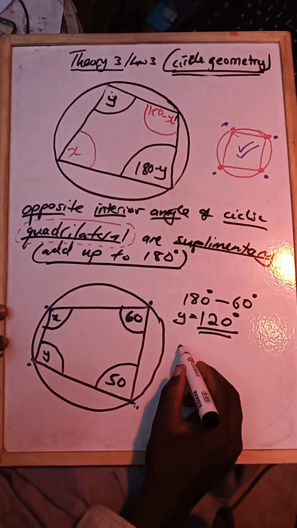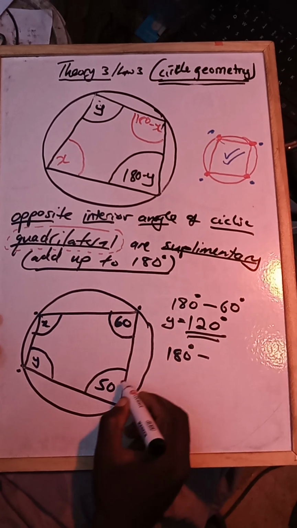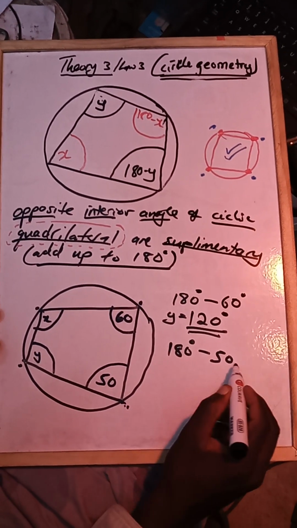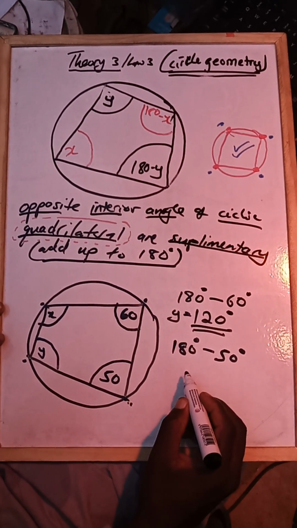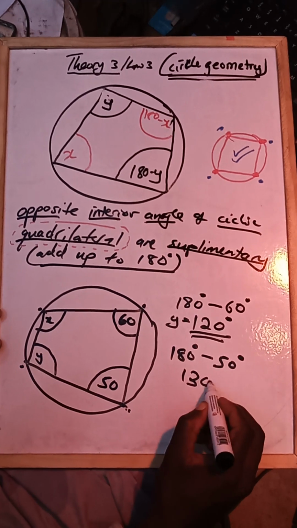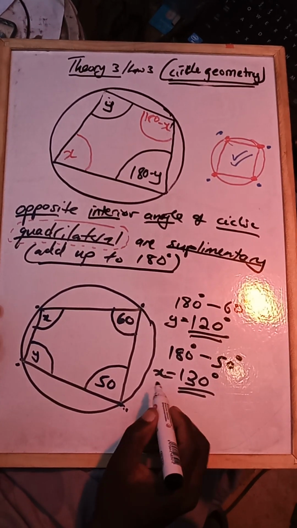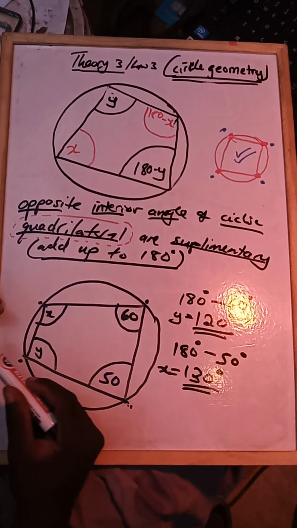Its opposite is 180 degrees minus the given angle, which is 50. 180 minus 50 degrees, the answer you are going to get is 130 degrees, and this is x, right? So this is very, very simple to attack.